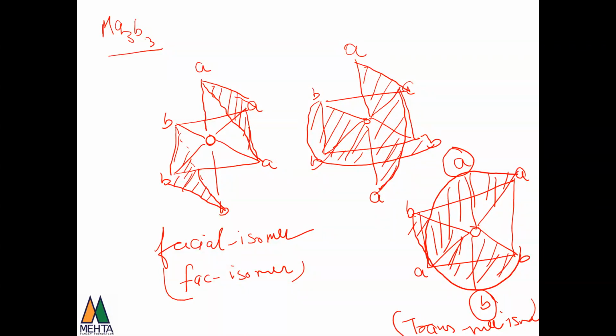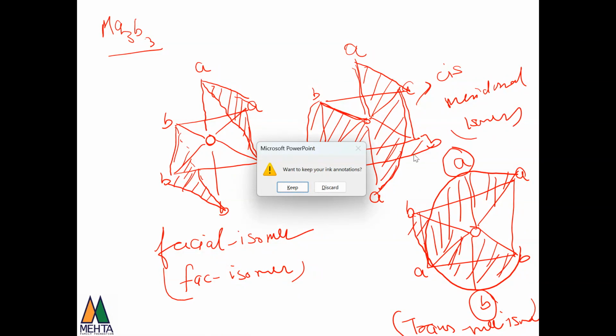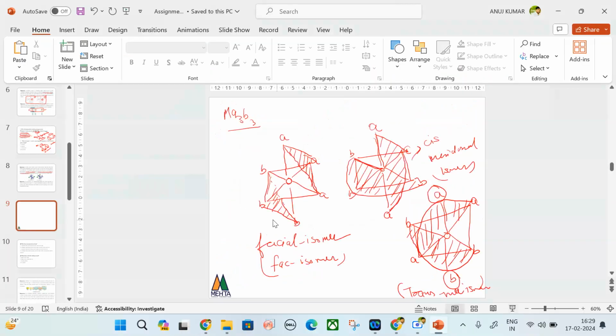Okay, but in here, if you are getting this type of structure, okay, A and B are 90 degree, so this type of structure will be called cis mer isomer, right? I think you got my point.